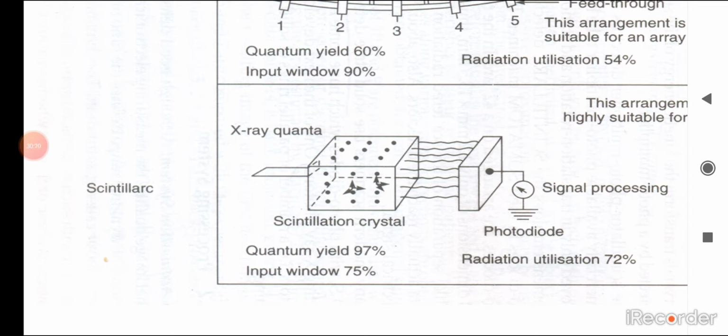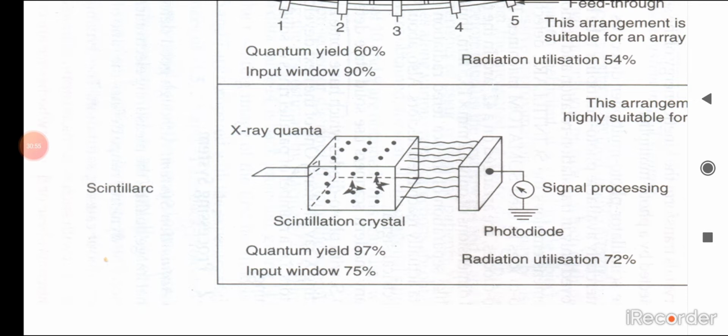The light received by the photodiode is converted into an electrical current signal. That signal is given to the signal processing device, which converts the X-radiation into scintillation, and the scintillation light into an electrical signal.